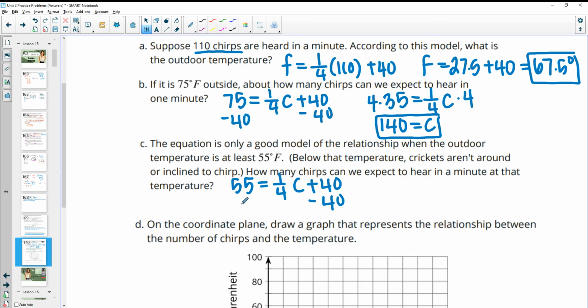So we'll subtract 40 from both sides, which gives us 15 equals 1/4 of C. So to get rid of the 1/4, you can just multiply by 4. So then we get 60 is equal to C. So that means that there's going to be 60 chirps at 55 degrees.